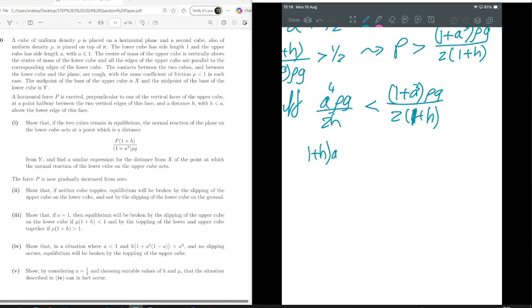So 1 plus HA to the 4 has to be less than H times 1 plus A cubed. The rho G's have cancelled, the 2s have cancelled, and basically now I want to rearrange this to get A to the 4.